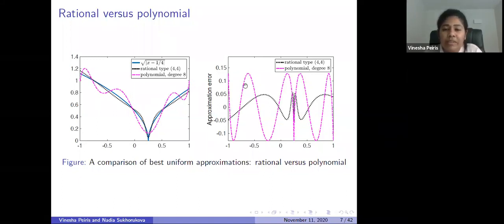If we move to the right-hand side, we have the maximum deviation graphs. The maximum deviation for the polynomial approximation is almost 3 times bigger than the maximum deviation for the rational type 4 approximation. So when it comes to approximating nonlinear or non-Lipschitz functions, it is probably a good idea to use rational functions over polynomials, because we will get superior results.